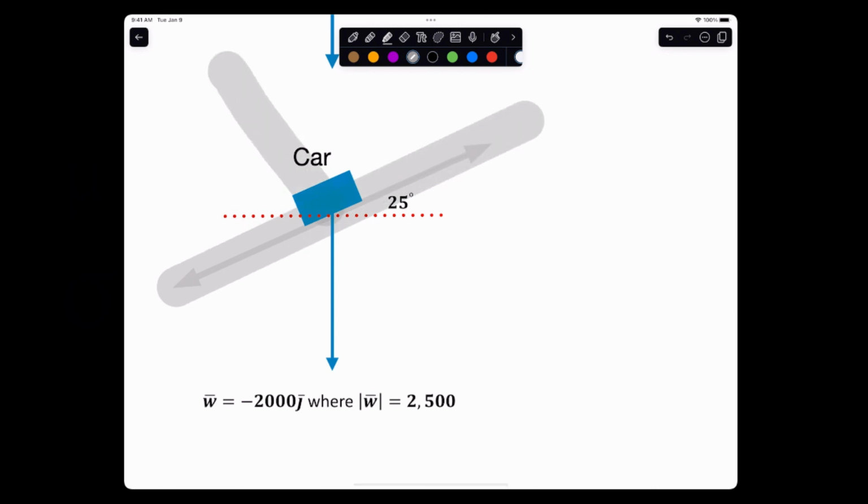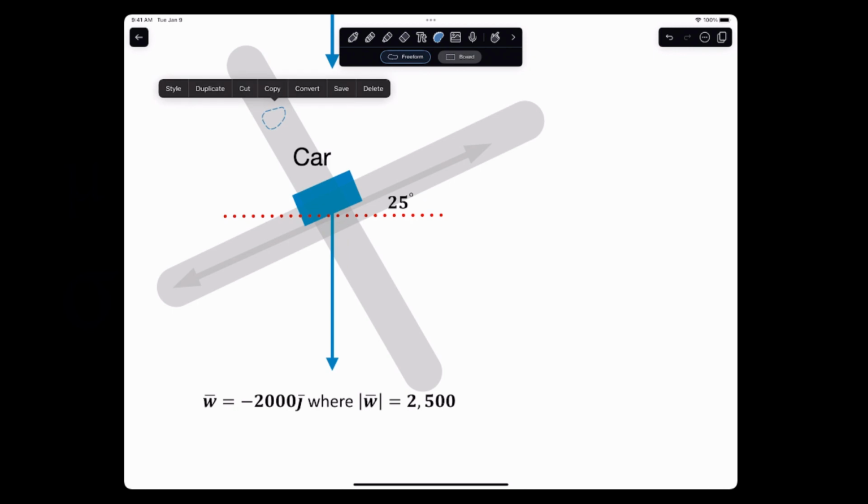Isn't my y-axis what? Perpendicular? Let me try to draw it. Okay. So here's my what? There's my point P.